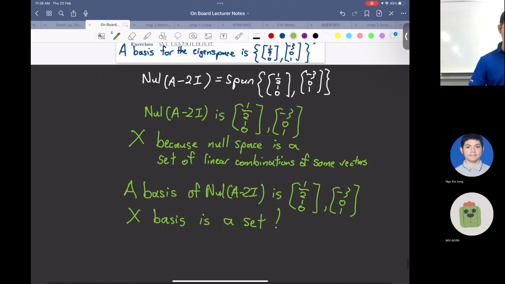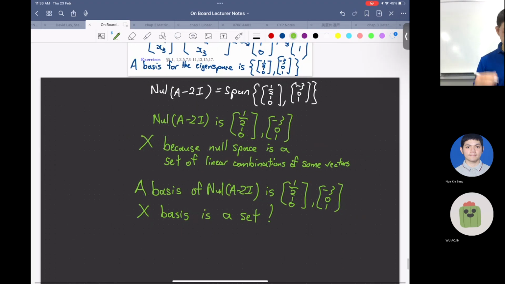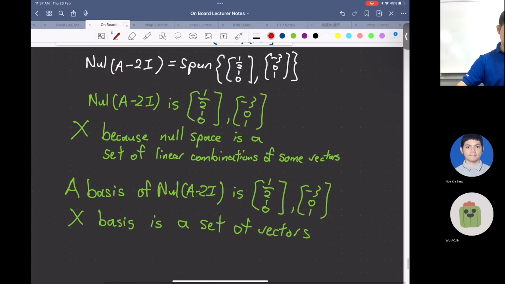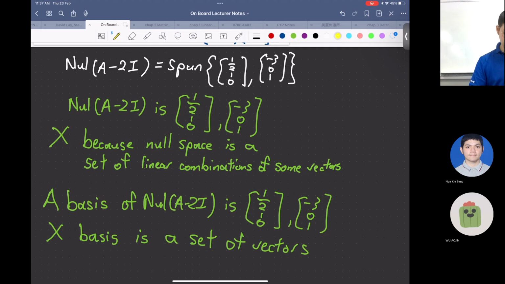It's not an element. It's not a vector. Basis is a set. If you want to say vector, you will say basis vector. Basis is a set of vectors. So the correction is like this, or you can write it's a span.